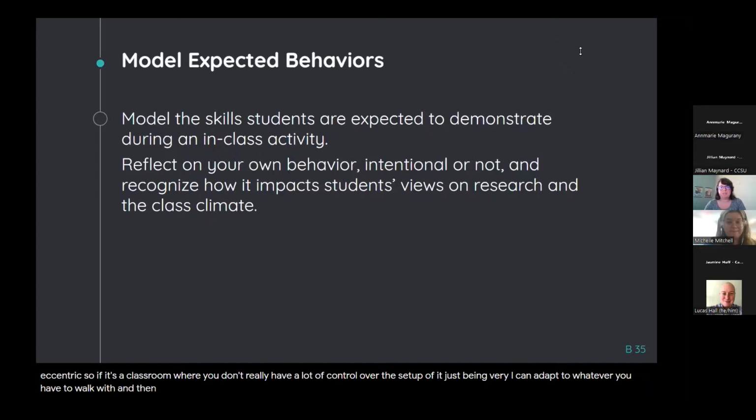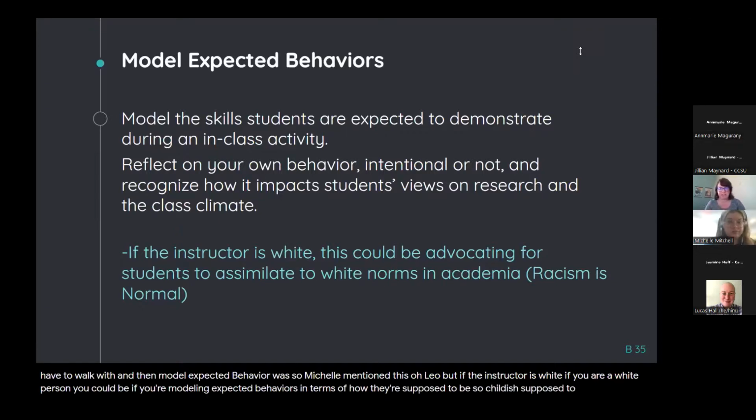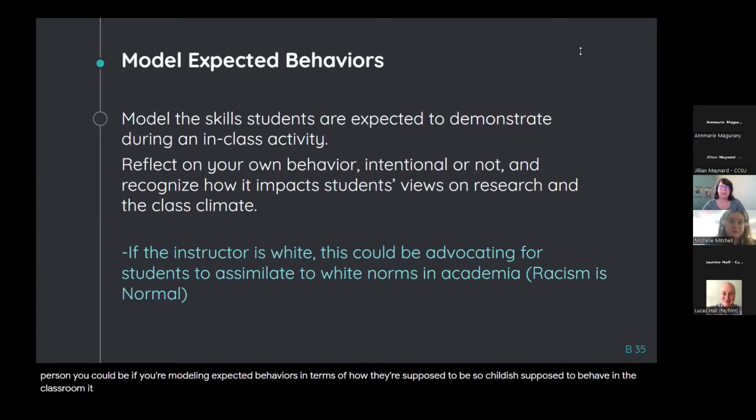And then model expected behaviors. So Michelle mentioned this earlier, but if the instructor is white, if you are a white person, and you're modeling expected behaviors in terms of how they're supposed to research, how they're supposed to behave in the classroom, it could be advocating for students to assimilate to the white norms that are very present in academia.